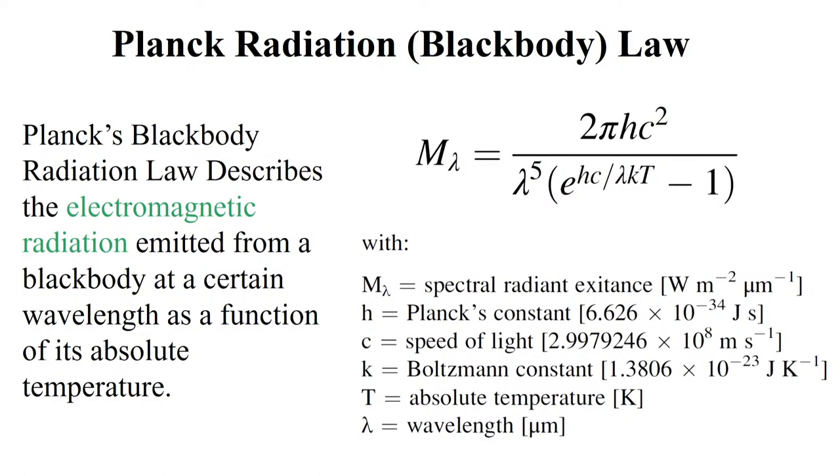So here we can see that the spectral radiant excitance is equal to 2 pi hc squared divided by lambda to the power 5, times e to the power hc divided by lambda kT, minus 1. Here h is Planck's constant, c is the speed of light, k is the Boltzmann constant, T is absolute temperature, and lambda is the wavelength.